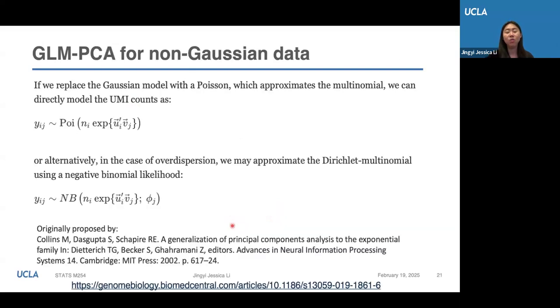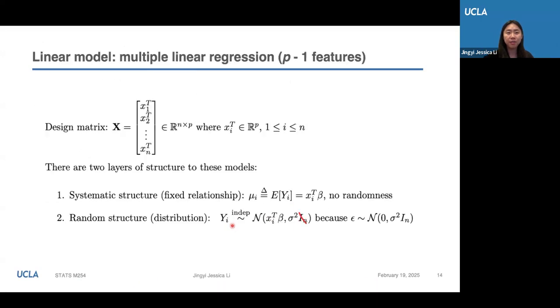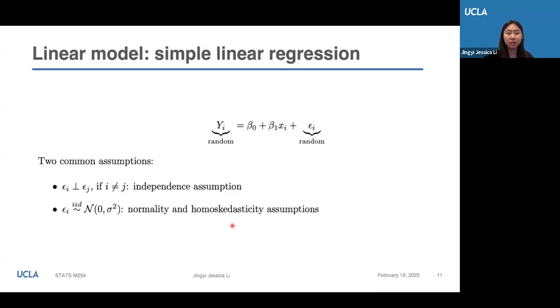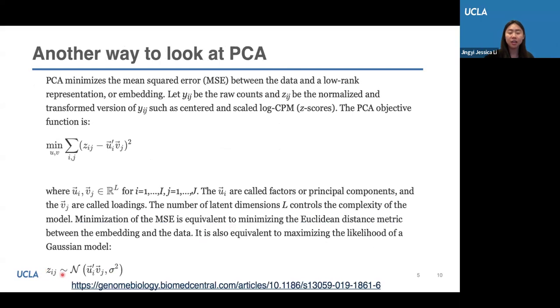Okay, now going back to the PCA. So I'll just skip a few slides to go back to here. This is the alternative formulation of PCA, okay? Zij, the data before PCA, is assumed to follow a normal distribution whose mean is a low-rank inner product, okay, of cell i's PCs times gene j's loadings.